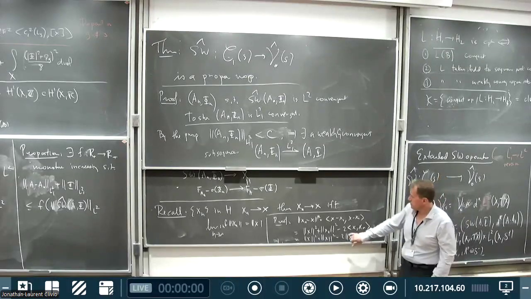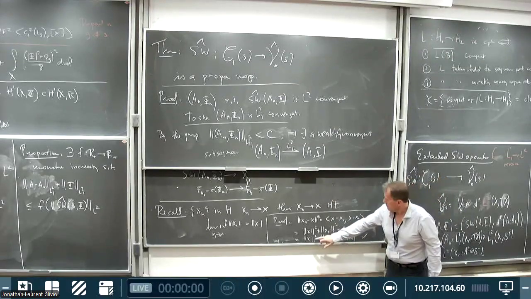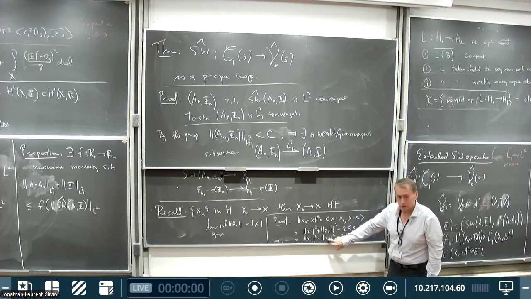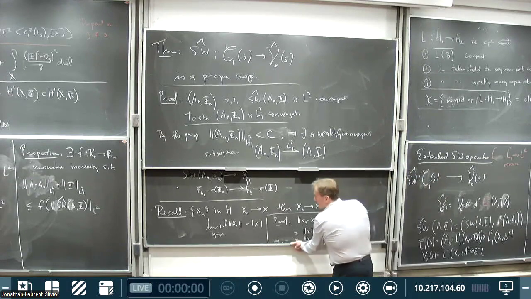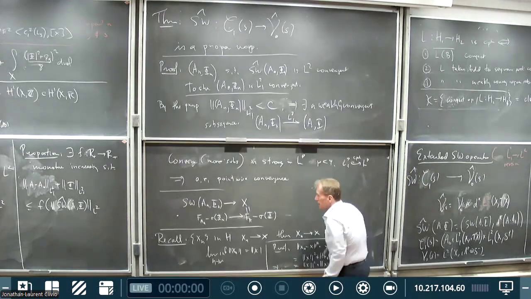And it also shows you that the limit of X has to be smaller than the limit, otherwise this would be negative.